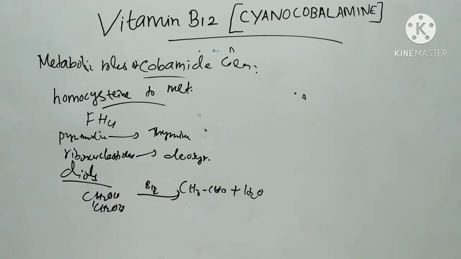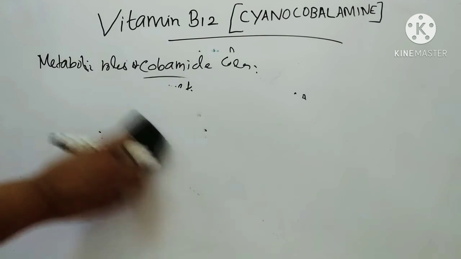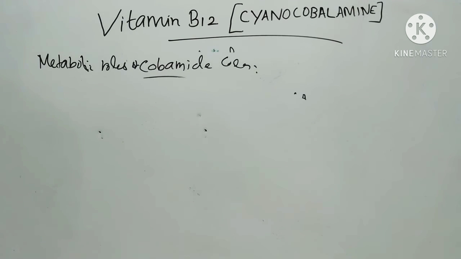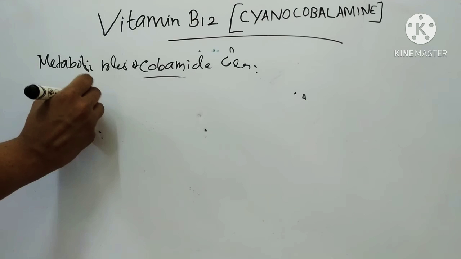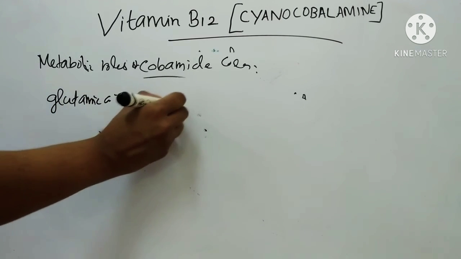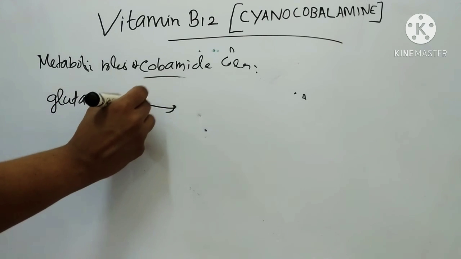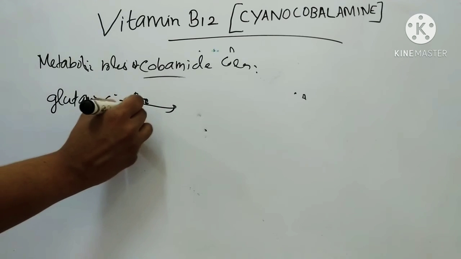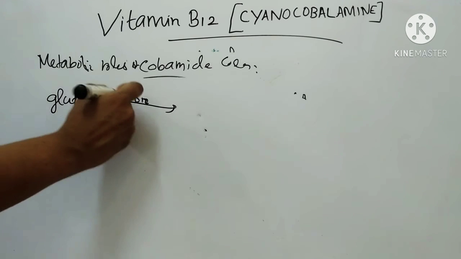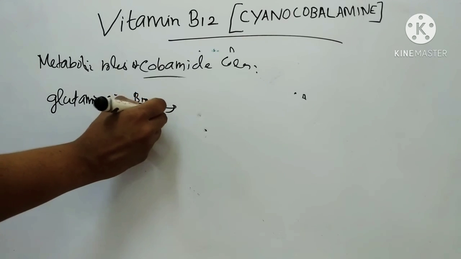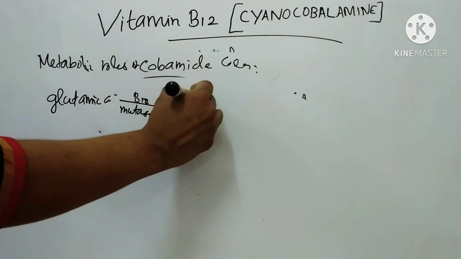Then in bacteria, interconversion of glutamate and beta methyl aspartate. Glutamic acid is converted to beta methyl aspartic acid by the enzyme mutase, with coenzyme B12.